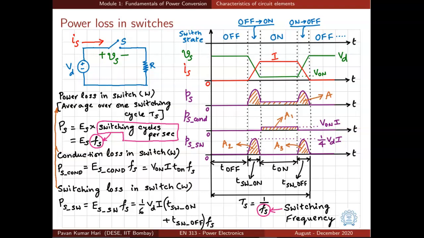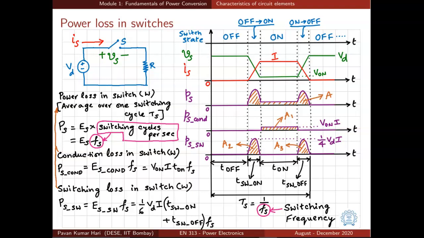So the conduction loss in the switch is denoted by Ps,conduction. It's again the average over one switching cycle. So when we say conduction loss, what we mean is the average conduction loss over one switching cycle, which is Es,conduction multiplied by Fs, that is Von into I Ton Fs.